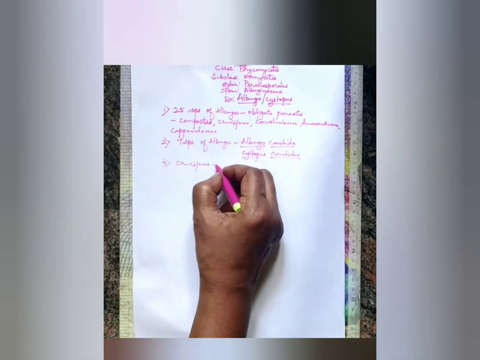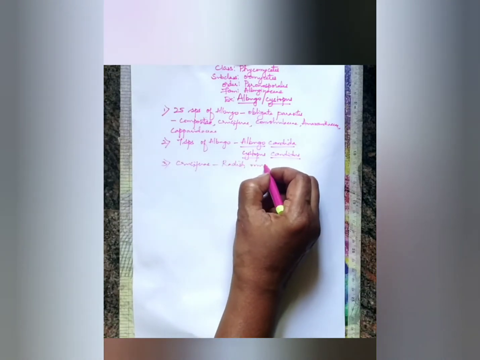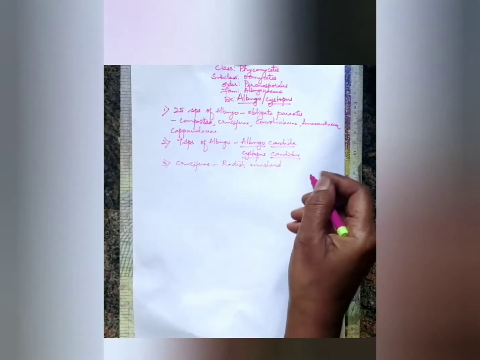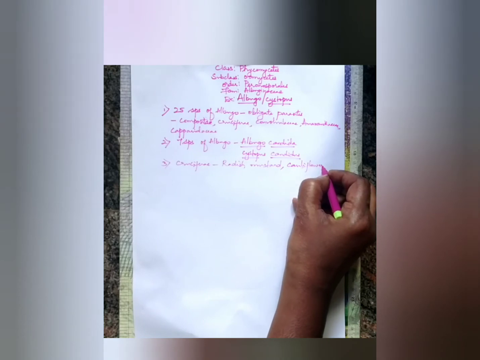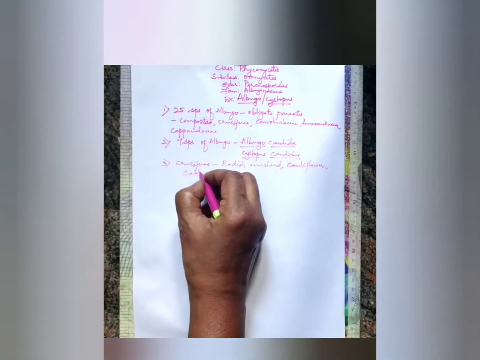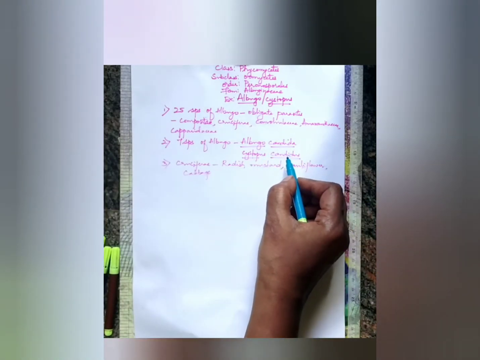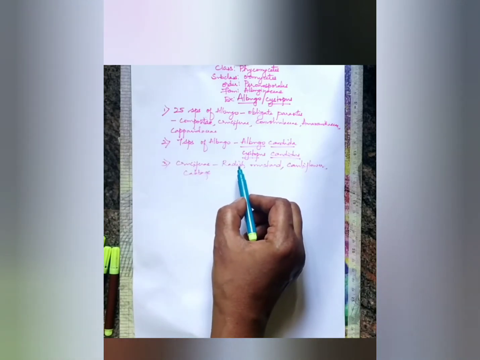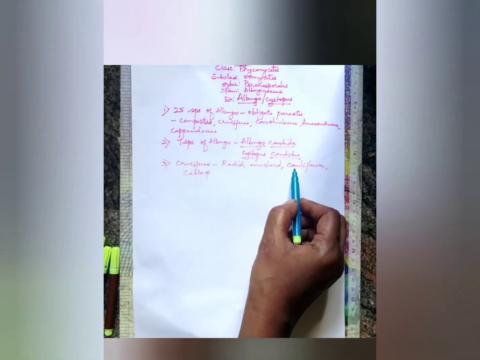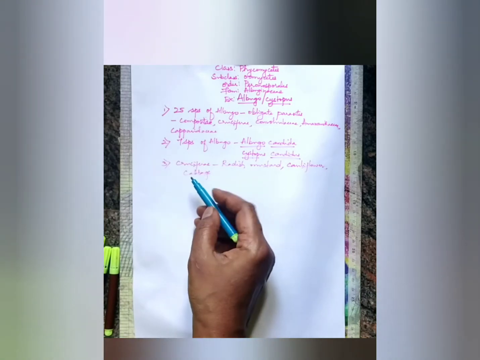Cruciferae plants means radish, mustard, cauliflower, cabbage, etc. So this Albugo candida causes disease in plants like radish, mustard, cauliflower, cabbage, etc., which belong to the family Cruciferae.